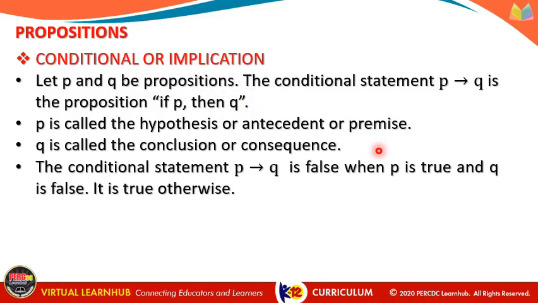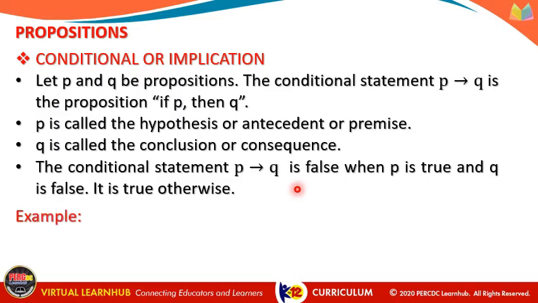Now, the conditional statement is false when P is true and Q is false. It is true otherwise. So the conditional statement if P then Q will become false if P is true but Q is false. Don't worry, in the next video we will go in depth on the discussion of conditional statements. For now, let's just familiarize ourselves with the parts of a conditional proposition.